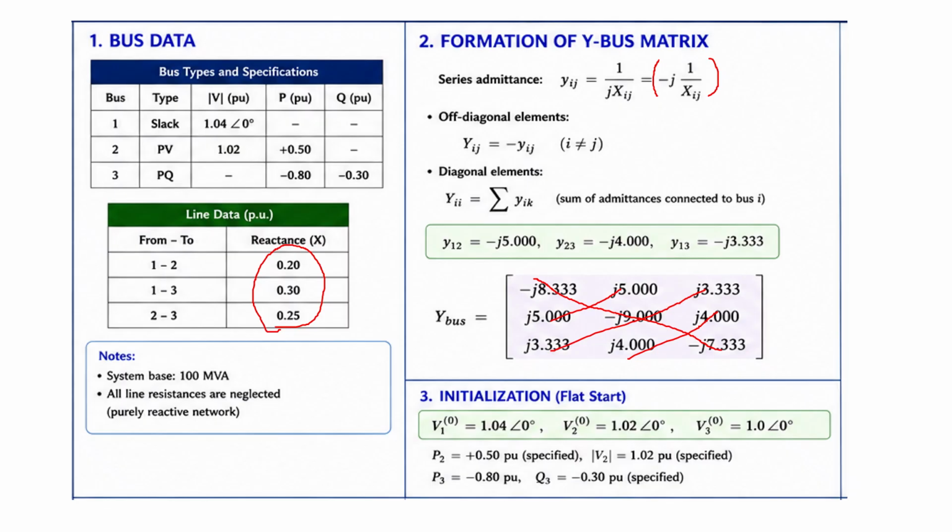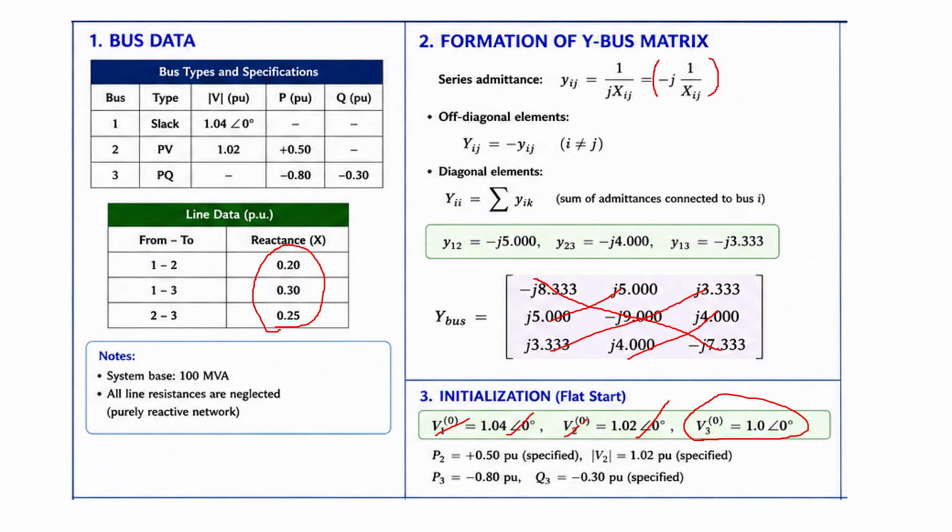Then we will go to initialization. For the slack bus, as already given, the voltage is constant for any iteration, and the voltage angle is also constant. For the PV bus also, the voltage is constant. What will vary is only the voltage angle. For the PQ bus, both voltage and voltage angle will vary based on the iteration and the power mismatch.